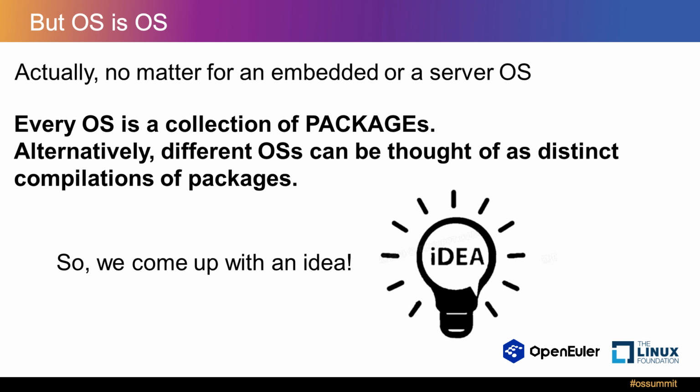So on this level, we do think that it could be much better if we are able to create a uniform OS. On technical level, every OS is just a collection of packages, and with a toolchain to build all those packages, and also the OS itself. Alternatively, different OS can be thought as a distinct compilation of the packages, so we can come up with an idea.